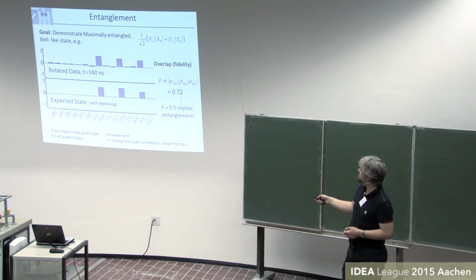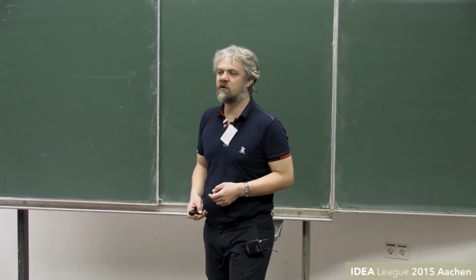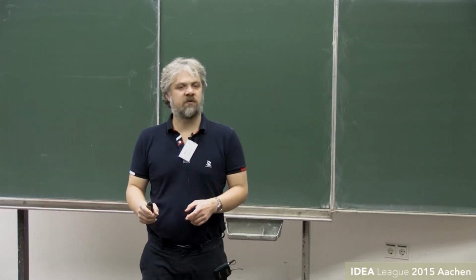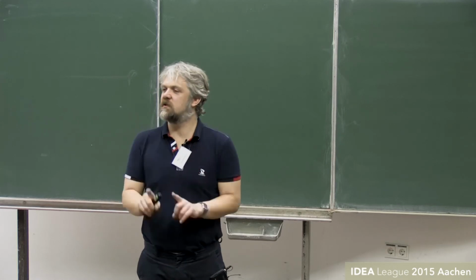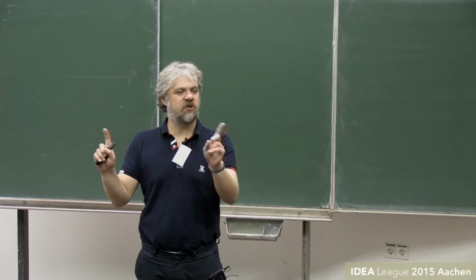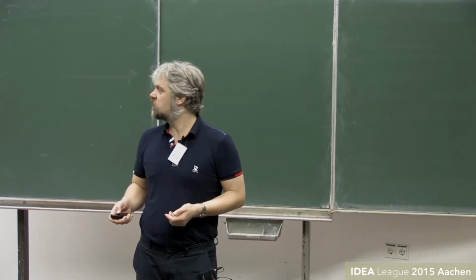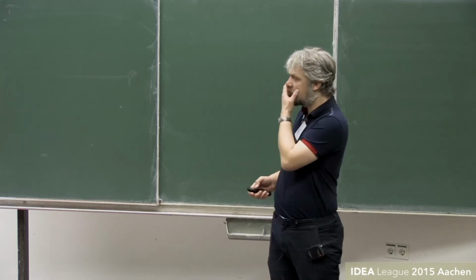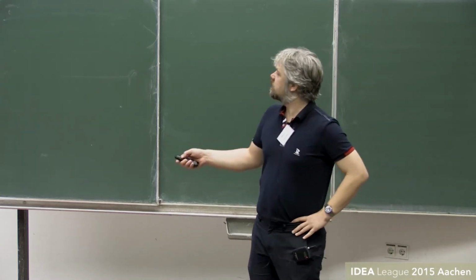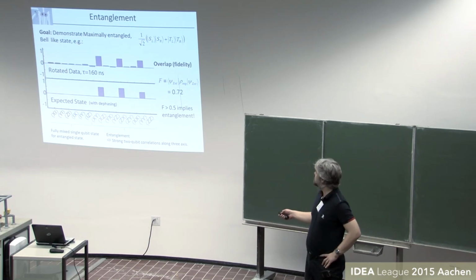But if you look at the correlations, there's 3 peaks that show strong correlations. That's just what you, for example, get for any of the Bell states. No matter what basis you measure them, as long as you change your basis in the same way on both qubits, you find strong correlations between them that are not classical. And, well, we can compare that to the expected state after correcting for the coherence.